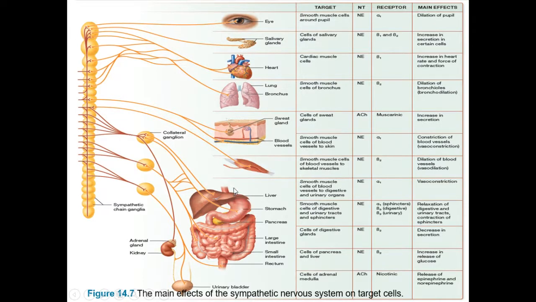So your digestion is probably going to decrease temporarily, including your stomach, your small intestine, your large intestine, your liver, are for the most part going to go ahead and decrease in action, all of them. Again, because you want to allocate most of the energy towards movement in fight or flight or sympathetic stimulation right there.